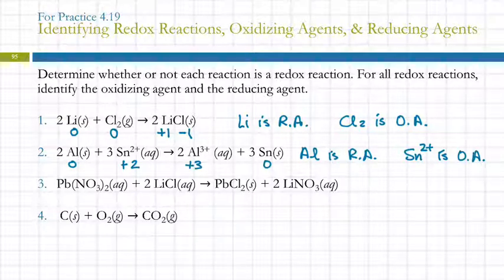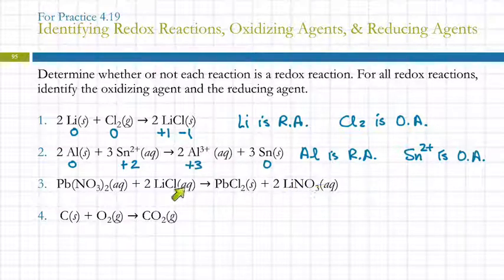This is one of those precipitation reactions that we studied. So the ions come in and they swap partners, but they don't swap electrons. They're just changing partners. So the lead was +2 here, and it's +2 over there. Lithium is +1 here, it's +1 over there.